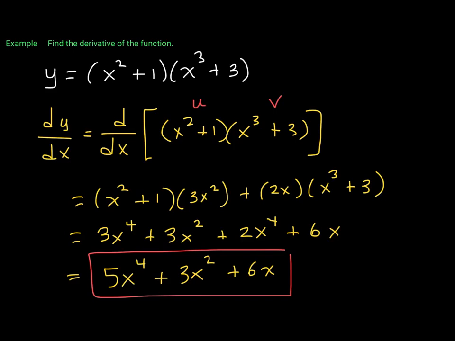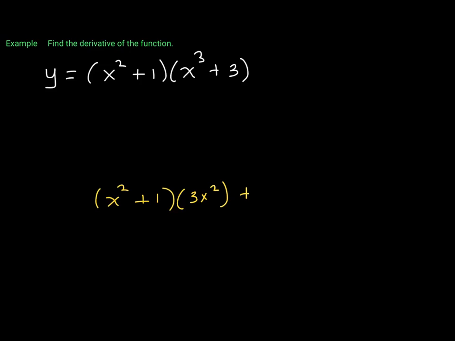Now, I do want to say, I think it's worth saying that we could have found the derivative by first actually expanding this, like multiplying these two binomials, and then just finding the derivative of the resulting polynomial. In other words, let me see if I can do that really quickly for us. If I can just get rid of what I've written so far.